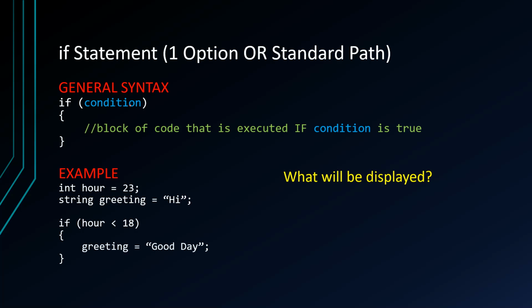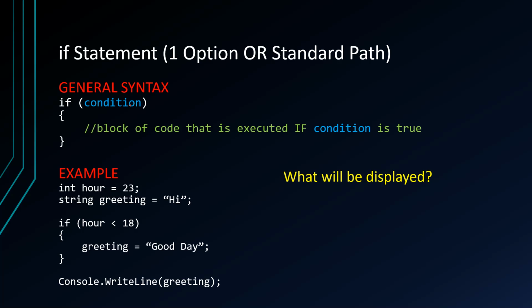Now, obviously, looking at this, you can probably think, well, what are they talking about? Oh, they're talking about a 24-hour clock. I get it. 18 is 6 p.m. So what I'm saying is, if it's less than 6 p.m., set greeting to good day. And then finally, we're going to display what the current value of greeting is on the screen. So take a second and pause the video and try and figure out what will actually be displayed on the screen from this.